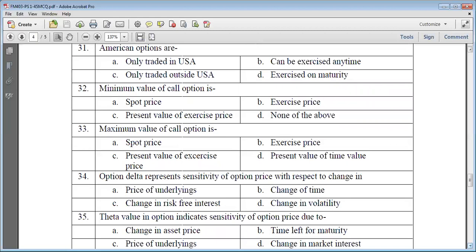And option delta indicates the sensitivity to the price of the underlying. So if underlying asset price changes by 1%, how much the price of the option will change. So C is the correct option.